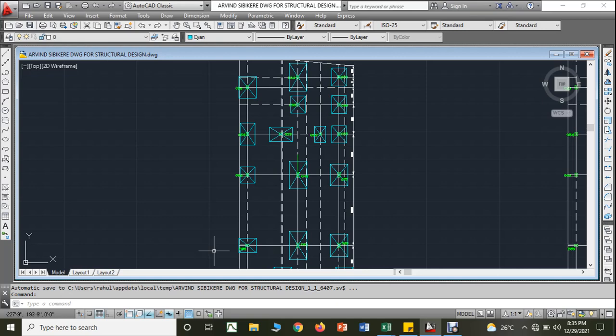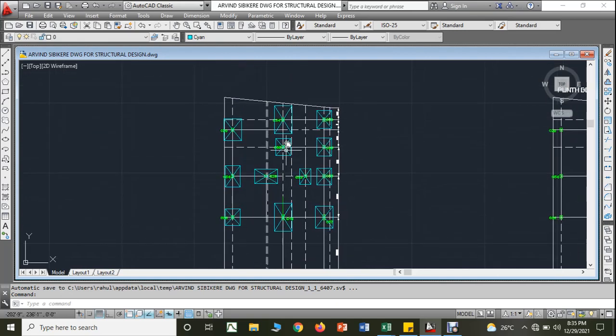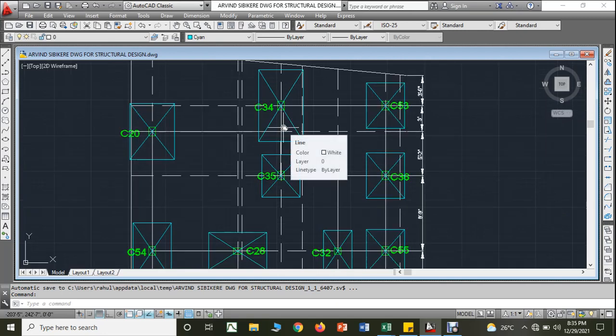The same thing we have done, we have shown the positions of the footings in the AutoCAD. The reason we have done this is to check whether any two footings are fouling on one another, that is, any overlapping.